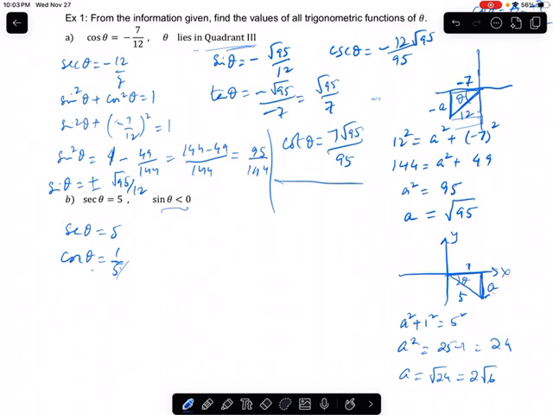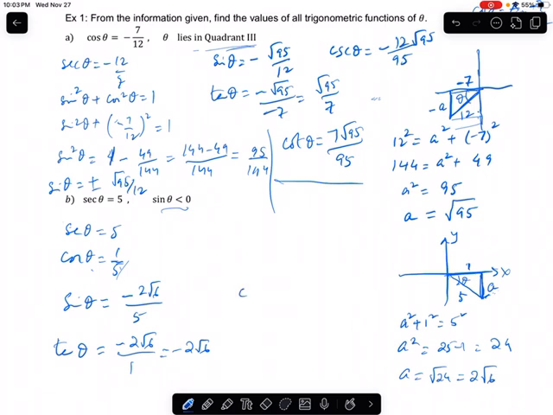So now you can write all your ratios. Sine of theta will be negative 2 square root of 6 over 5. Tangent of theta will be negative 2 square root of 6 divided by 1, so negative 2 square root of 6.